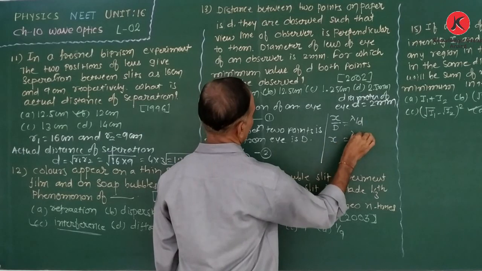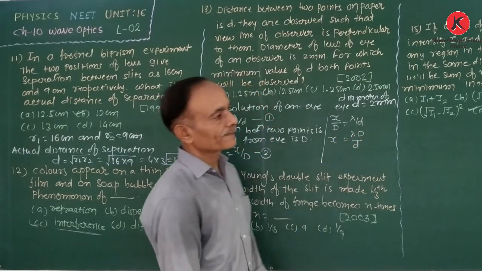Therefore, x is equal to lambda D upon small d.